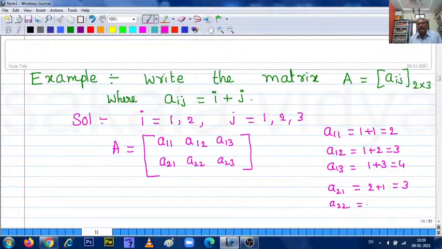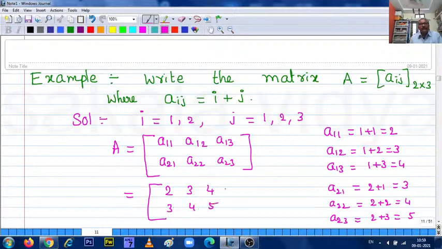A22, 2 plus 2, 4. A23, 2 plus 3, 5. So substituting, we get 2, 3, 4, 3, 4, 5. This is a 2 by 3 matrix.